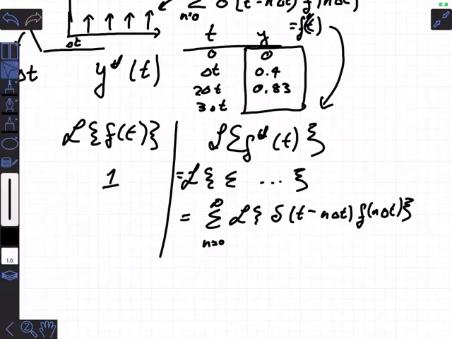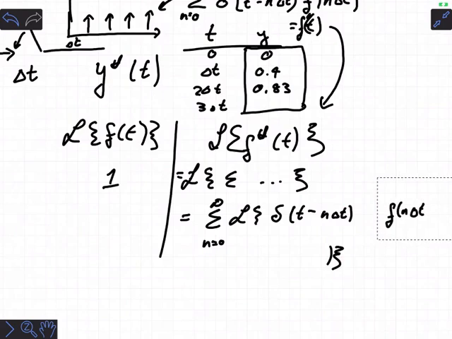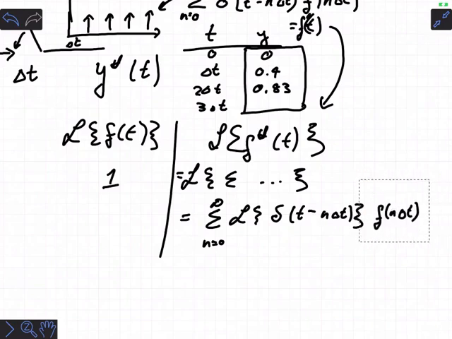And in the same way, again, because we have a linear transform, I can actually do this. Let me just draw that properly. Because it's a linear transform, that constant moves out of the Laplace, because a constant times the Laplace of something is the same as the Laplace of a constant times something. And so now we just have this problem of what is the Laplace transform of a shifted delta.